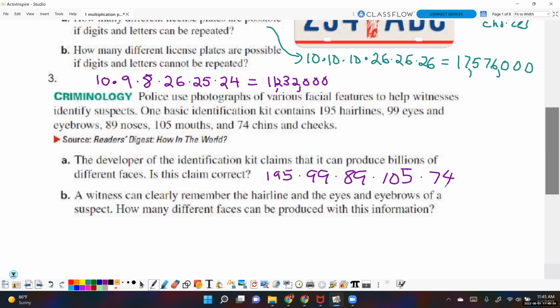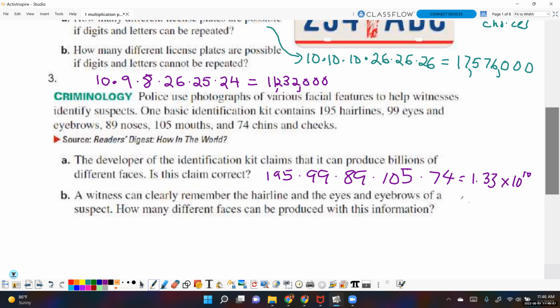I think this is going to be a very large number. Let's find out. Yes, it is. I end up with, on my calculator, 1.33, and then there's an E. So that's like times 10 to the 10th, if it's E10.